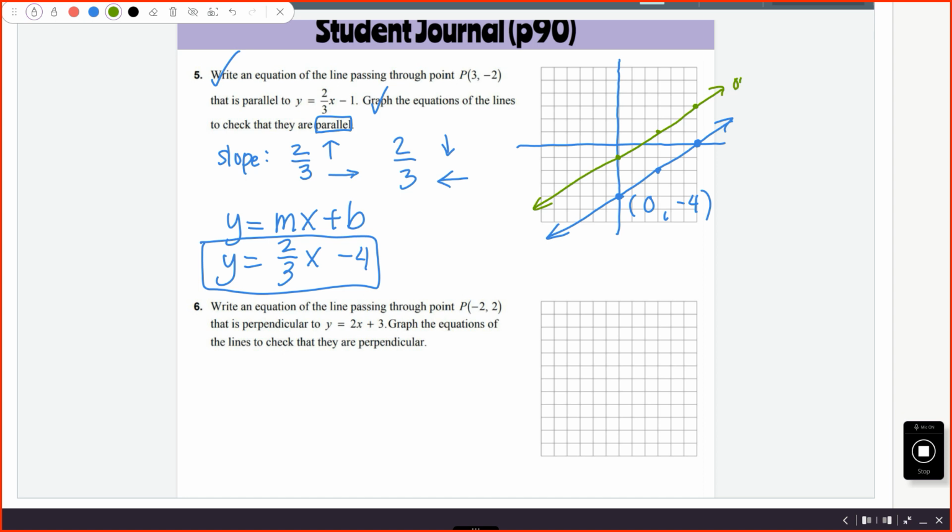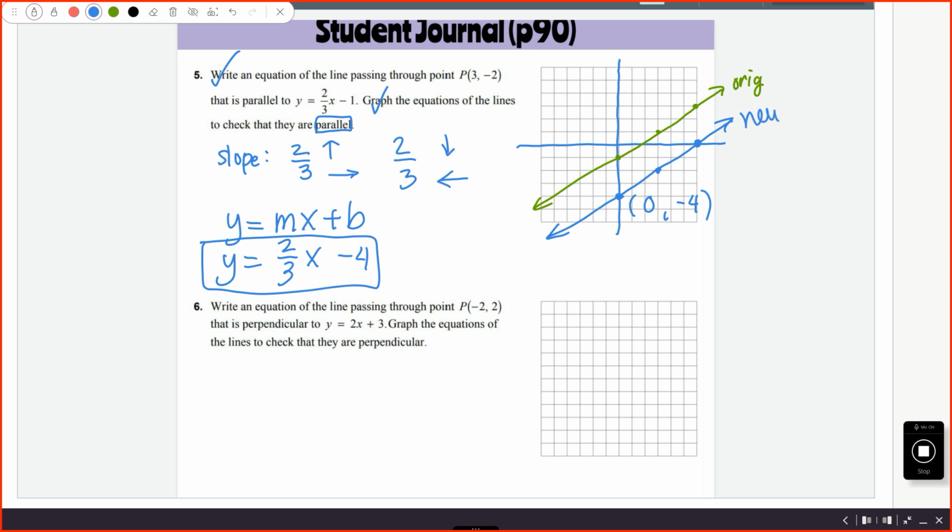So this is the original one. Do they look like they're parallel? Yeah. So the y-intercept is negative 1, and then we count the same number for slope. Up 2 and then 3 over. Okay. Yeah. So this is the original line, and the blue one is the new line.